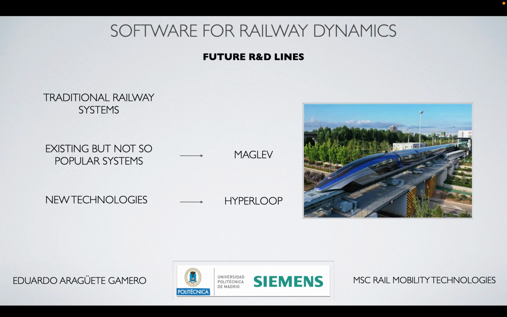Maybe it's not as extended as traditional railway systems, but they already exist. They have something in common with new technologies like Hyperloop, which are based on magnetic levitation. So this could be future R&D lines in order to achieve better means of transport with higher speeds, for example.